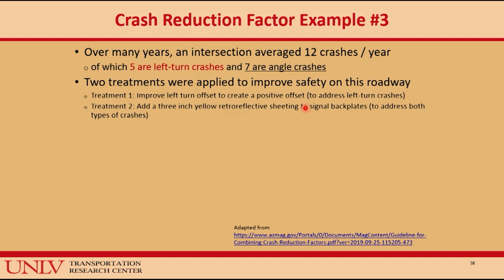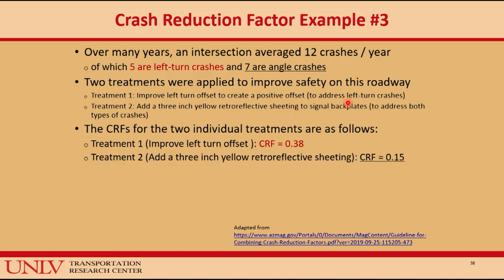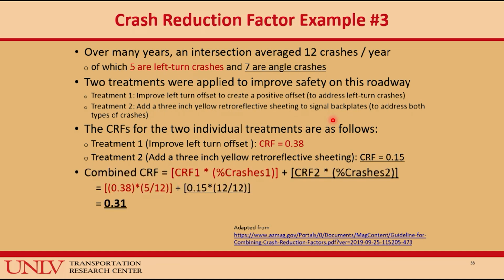So now very clearly, not all of the treatment is going to be for all crashes. Left turn has a CRF of 0.38 that will be applicable to this 5. The retroreflective sheeting is going to be applicable to all. It affects the left turn as well as the angle crashes.